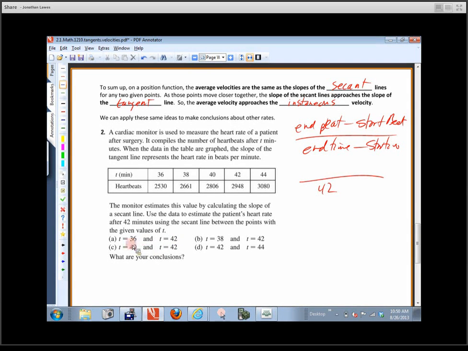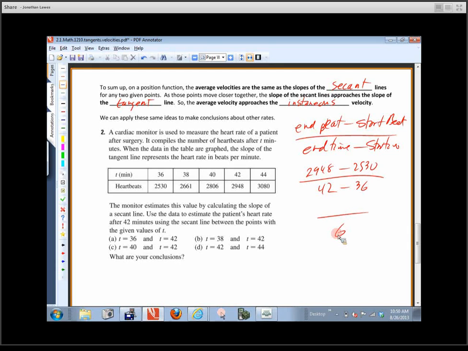What's the start time? 36. How many minutes went by? See how this is just like what we were doing? How many beats had added up after 42 minutes? 29:48. How many beats at 36 minutes? 25:30. Grab your calculators, do the math.